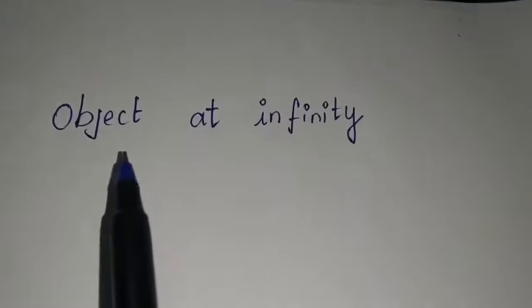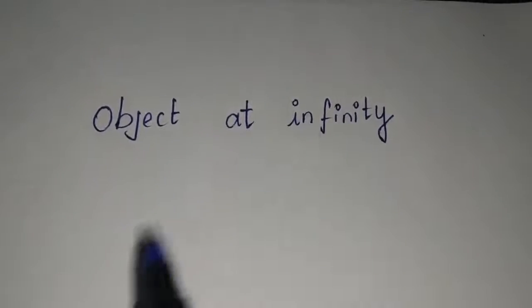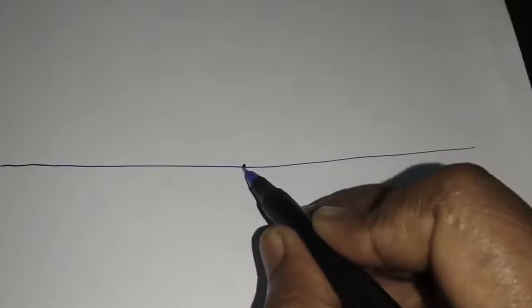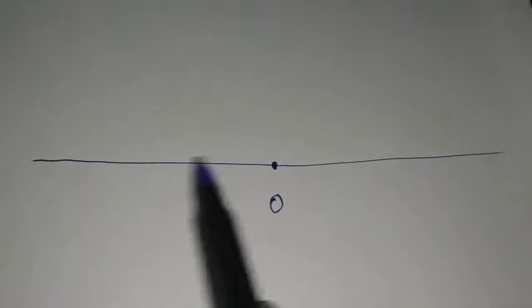Students, we know that concave lens is a diverging lens. Let us learn the first condition, when the object is placed at infinity. Our first step, we have to draw the line to show the principal axis and mark the optical center O in the center of the line.